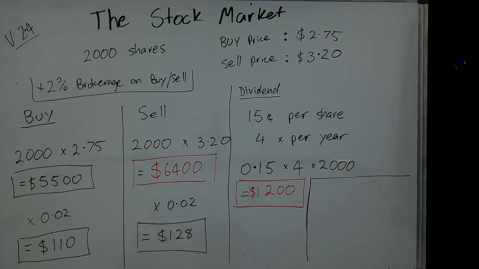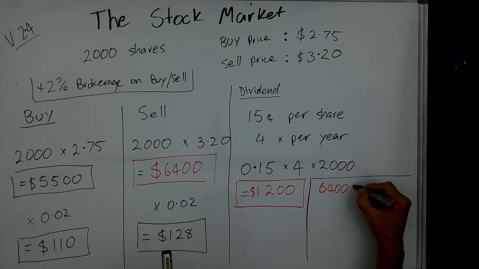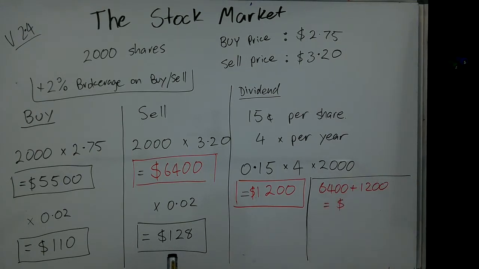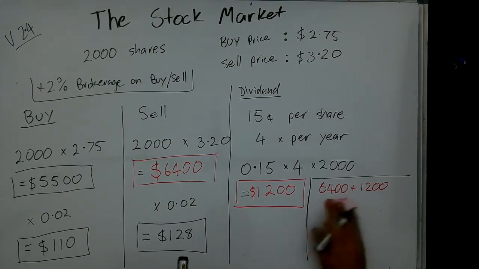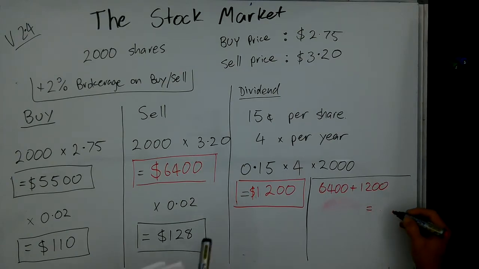Hopefully these add up to more. So we've got in red, $6,400 plus $1,200 equals, right, let's write it over here so I can do a subtraction. 7,600.